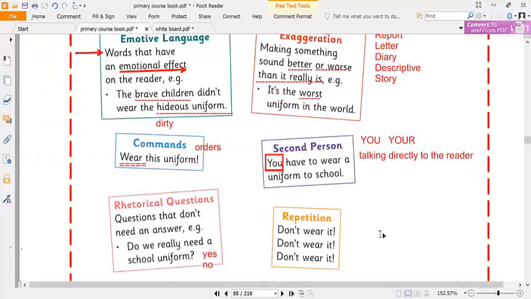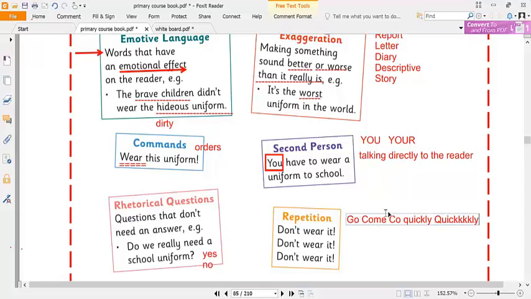Okay, the last one is repetition. Repetition means you repeat the information, like go, come, go quickly, quickly.